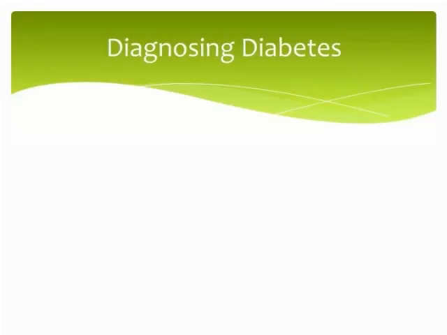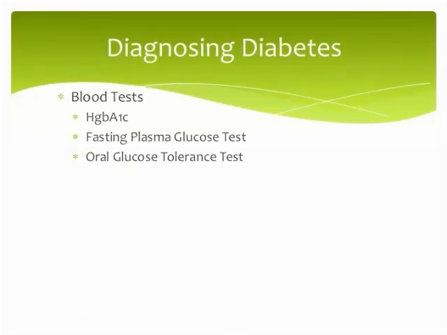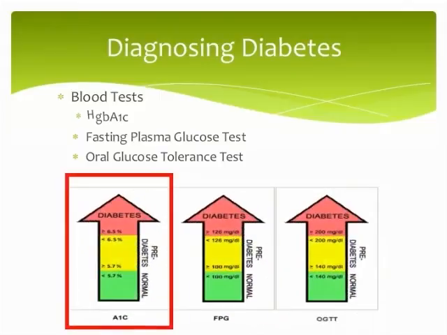Diagnosing diabetes is usually the easiest part of managing the disease. Blood tests, such as the hemoglobin A1C test, or HbA1c, fasting blood plasma glucose test, or oral glucose tolerance test, are all used to diagnose diabetes. The hemoglobin A1c test is a percentage that helps let doctors know what the average blood sugar control has been over the last 3 months.